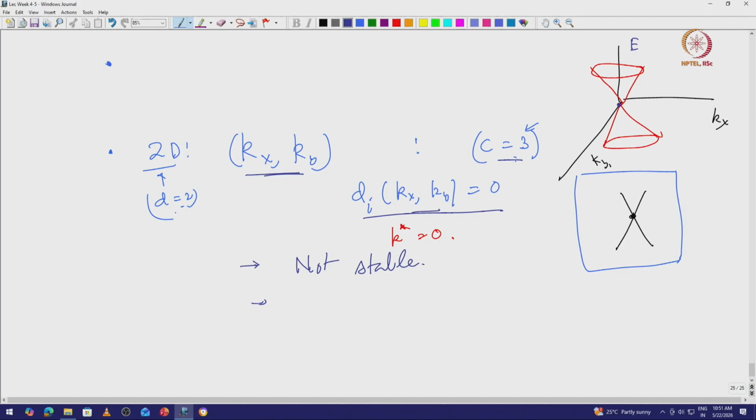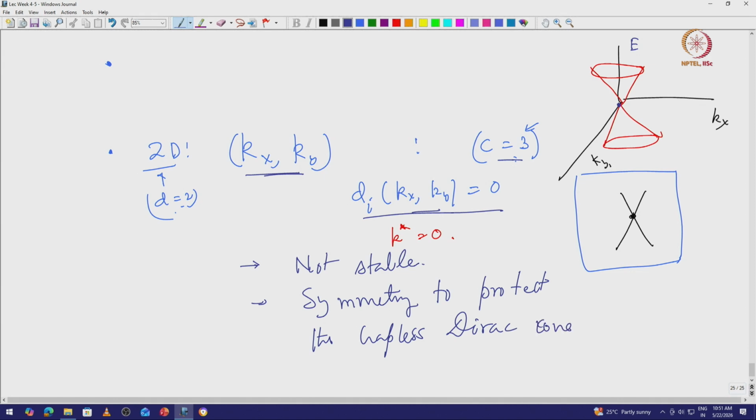But you can have symmetry to protect the gapless Dirac cone. And for the case of graphene, we will see that it will be the chiral symmetry.